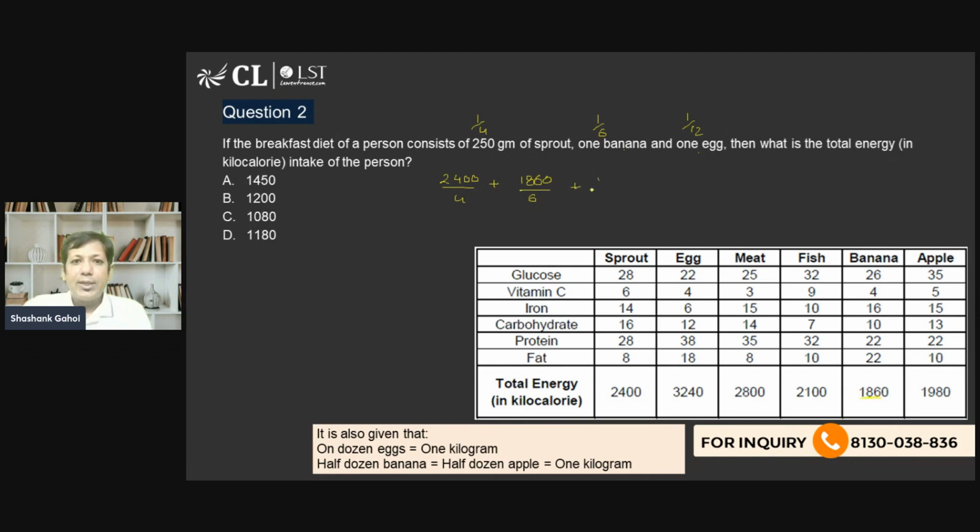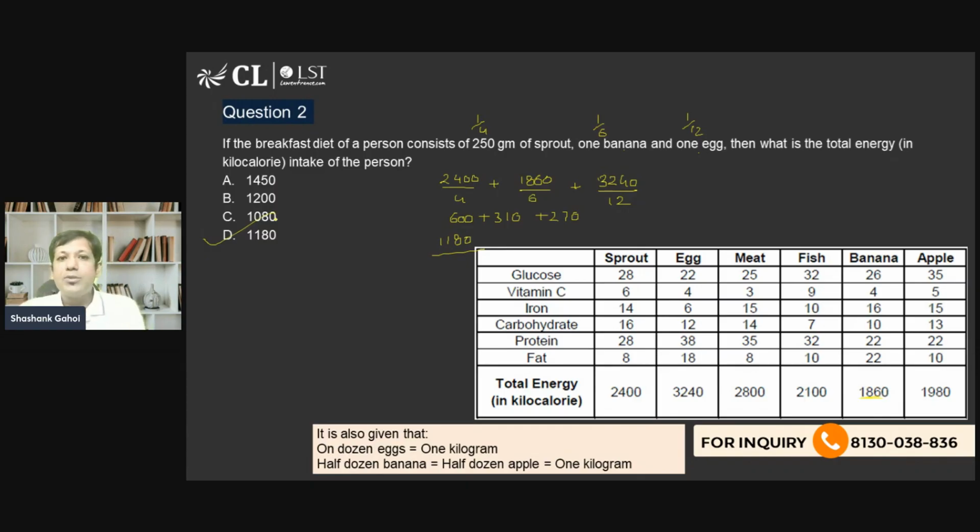And egg is 3240 divided by 12, which is the energy generated by 1 egg. So this comes out to be 600, this comes out to be 310, and this comes out to be 270. So the overall value comes out to be 1180. Do we see it in any option? Yes, that's option D. So the answer of this question is option D.